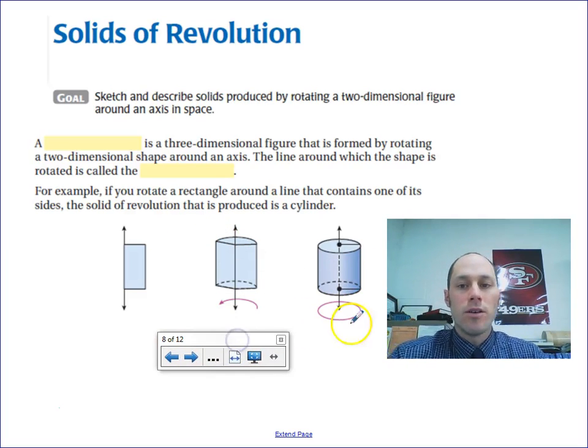So anyway, moving along. Let's also take a look now if we take a different shape, a two-dimensional shape, and if we rotate it, now we're going to do some visualizing. If we rotate it around an axis, what three-dimensional shape do we get?